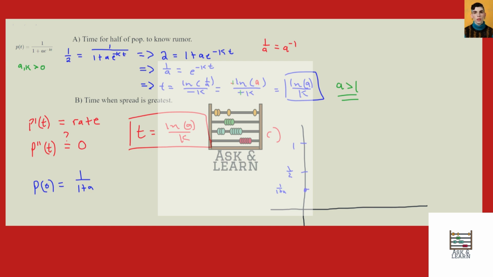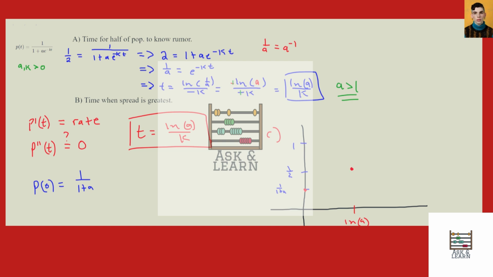And remember, since we assumed it's larger than 1, it should be below that point. Then we know at 1/2, it'll be natural log of ak, so we can put that point there.